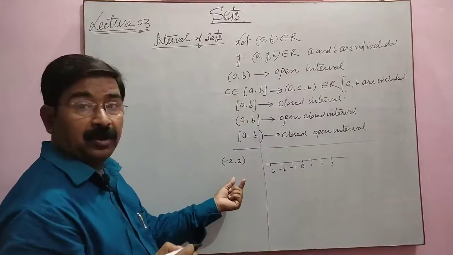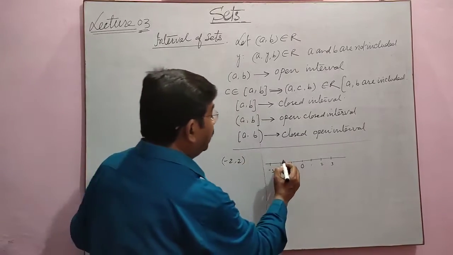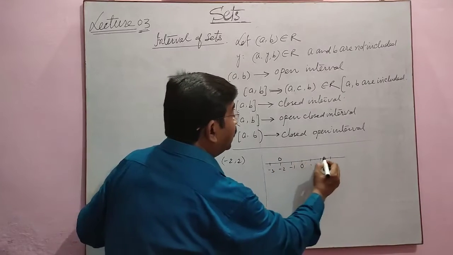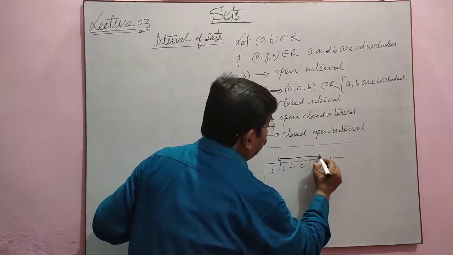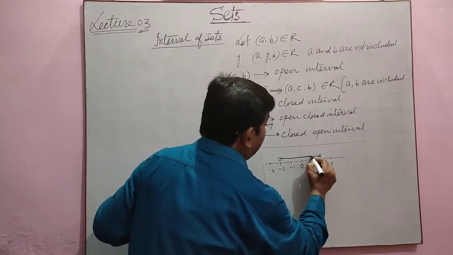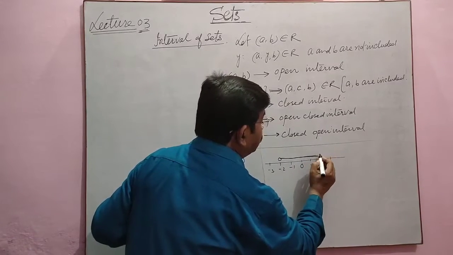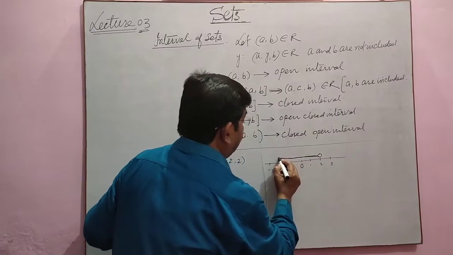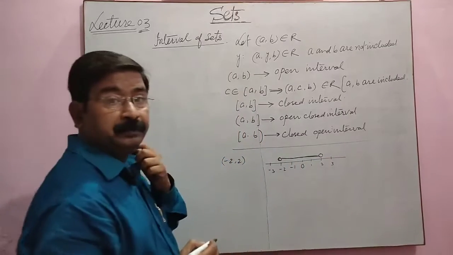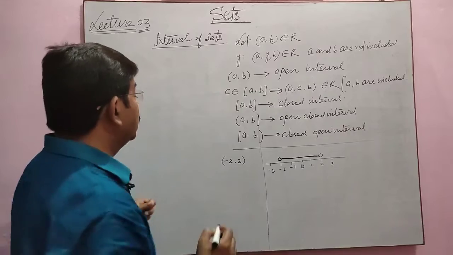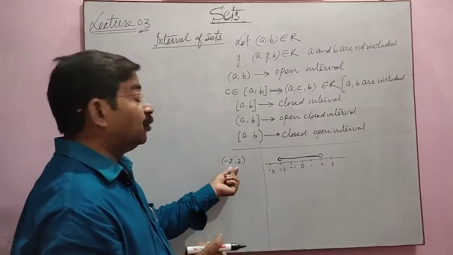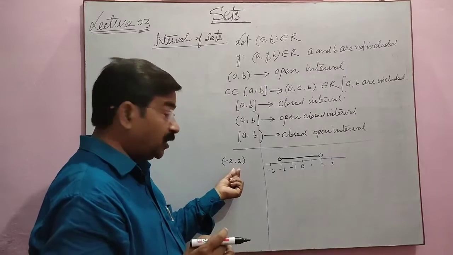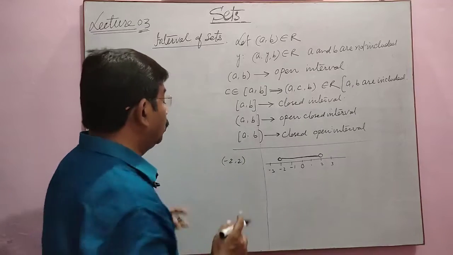This is an open interval. Here we have -2 and here we have 2. We show these with circles, and these circles are open circles. What is its interval? -2 to 2.